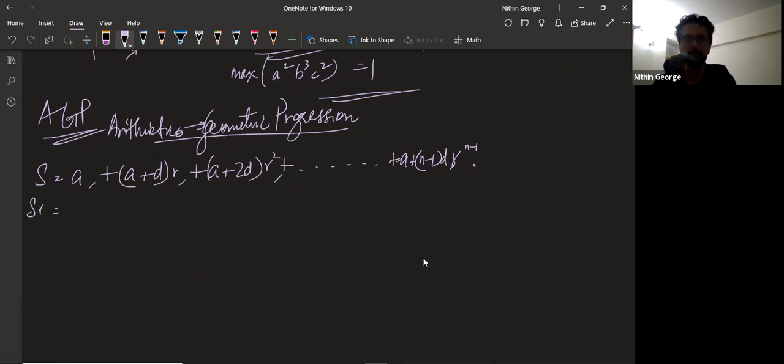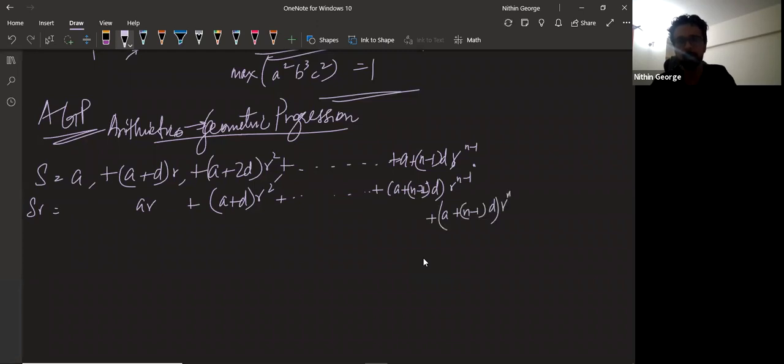So then this becomes ar plus a plus d into r square plus a plus 2d into r cube, up to a plus n minus 2d into r power n minus 1, plus a plus n minus 1d into r power n. This is what you'll get for S into r, if I multiply this sum by the common ratio. The common difference is d and the common ratio is r. So I'll subtract both of them.